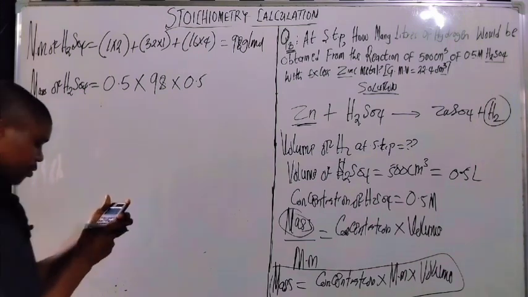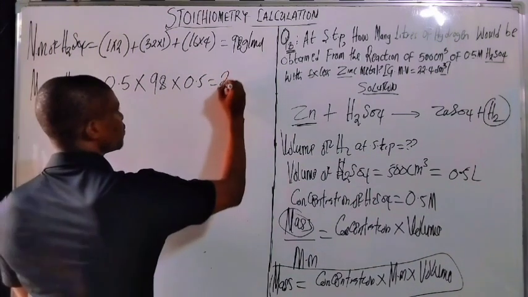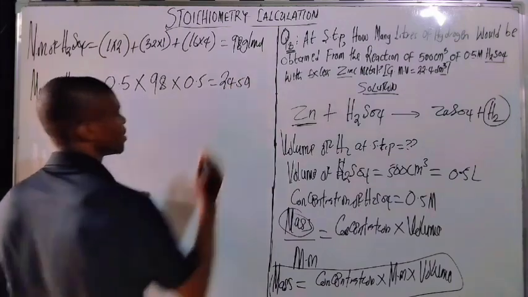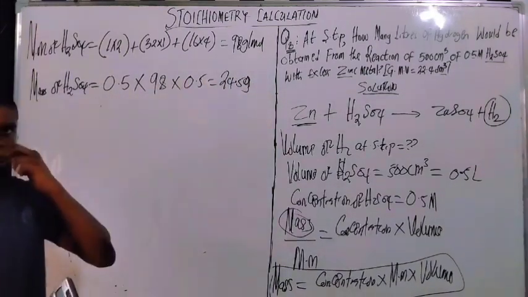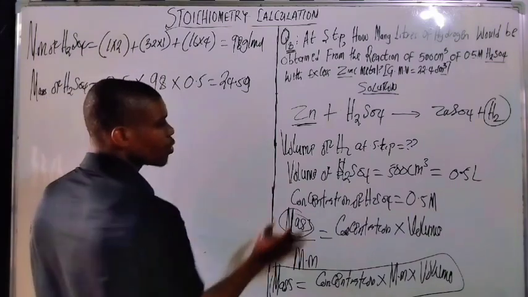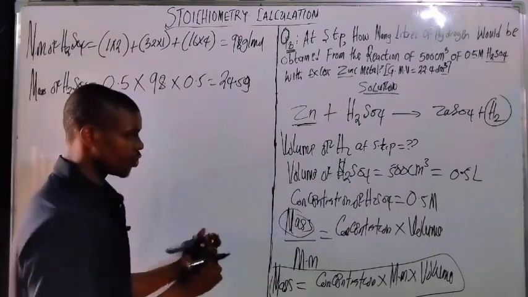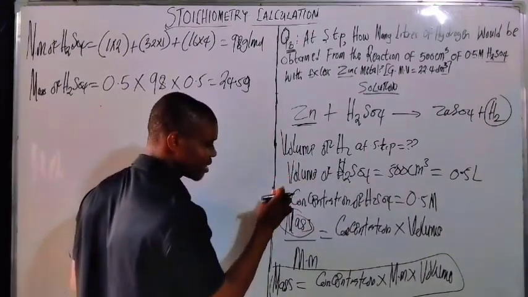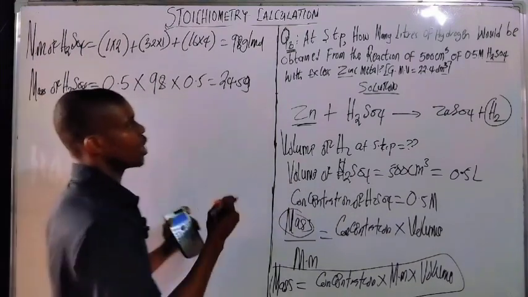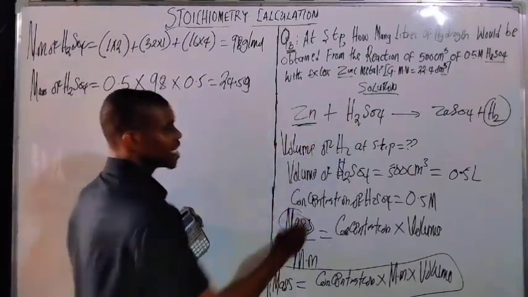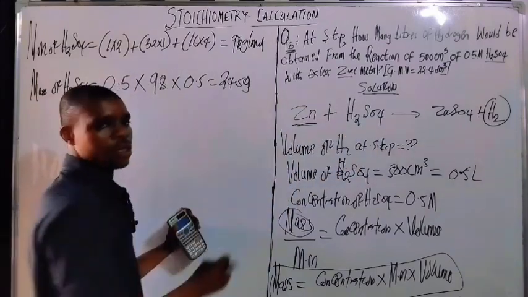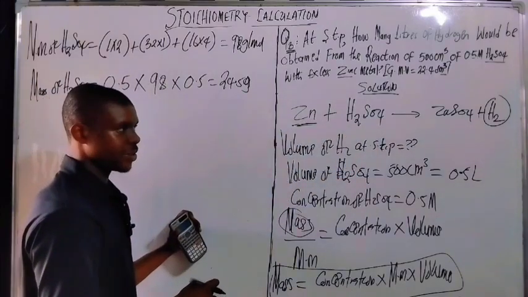Here we have 24.5 gram. That is it. 24.5 gram. Do you understand? So I've used the concentration, volume and the molar mass to get the mass of H2SO4 that will react with the excess. Do you understand?